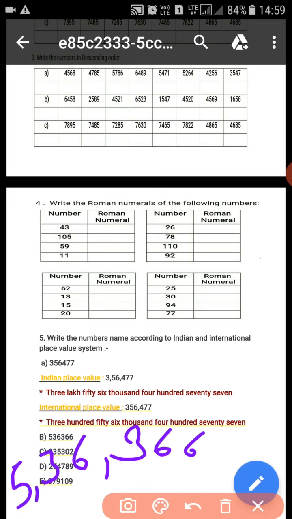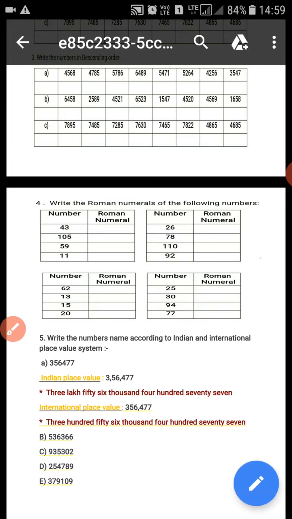So this number can be written like this. Okay, in the Indian place value. Okay, and how to read this number? 5,36,366. Okay, in word form.